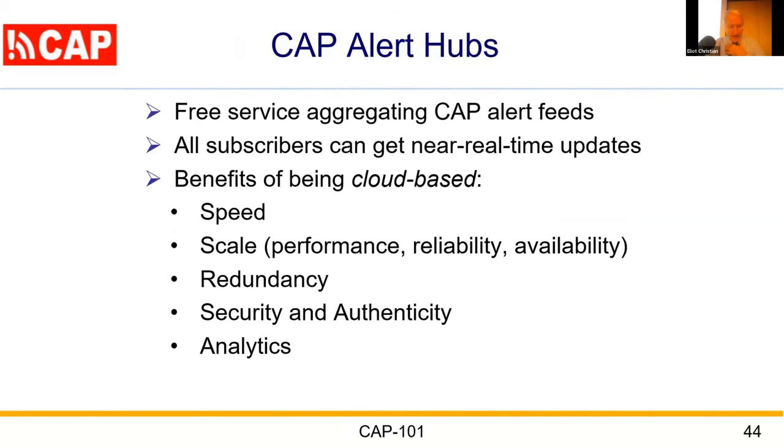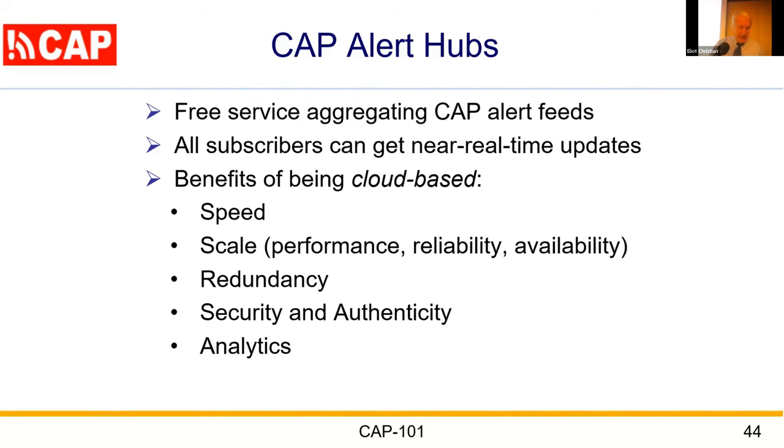A CAP alert hub aggregates the feeds in one location almost as soon as the alert is posted online. So we're talking about a minute or so of time. There are several benefits for having CAP feeds aggregated on a CAP-based alert hub.